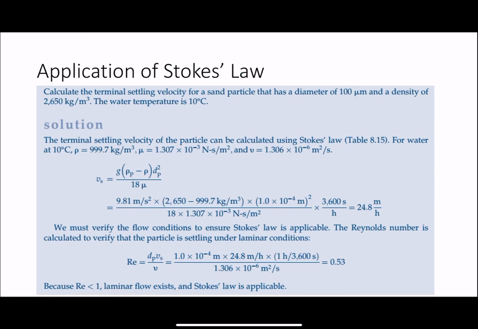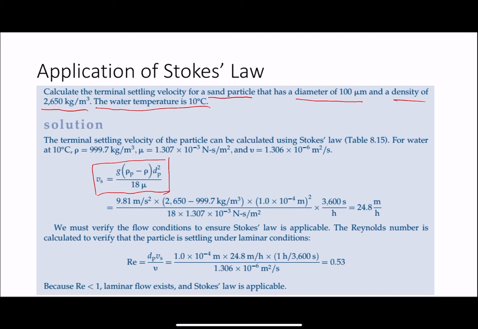Calculate the terminal settling velocity for a sand particle. Now we're talking about a sand particle that has a diameter of 100 micrometer, density of 2,650 kilogram per meter cube. The water temperature is 10 Celsius. Okay, we put the Stokes equation, and now we need to find out the terminal settling velocity of the particle.